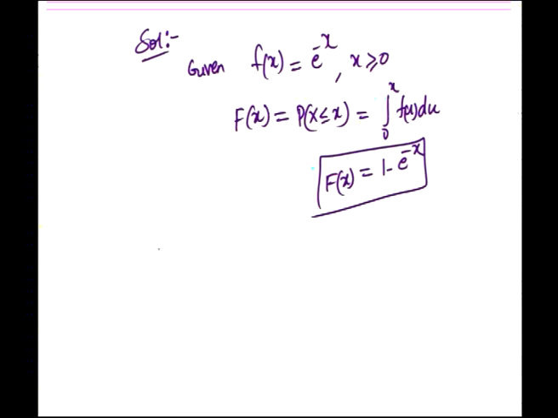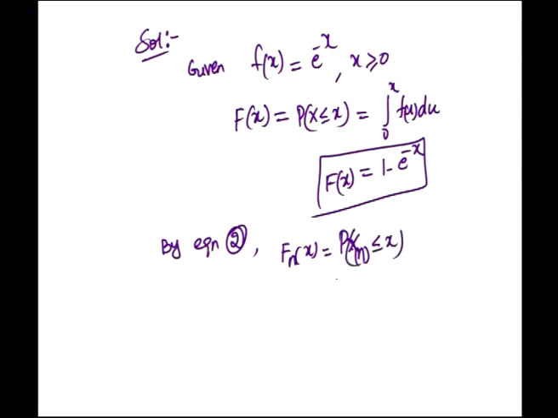And by equation 2 in the previous session, the CDF of the largest order statistic is given by Fn of x is equal to P of Xn less than or equal to x is equal to F of x whole power n.